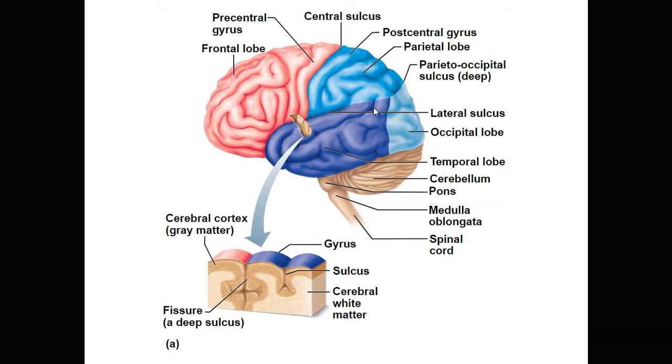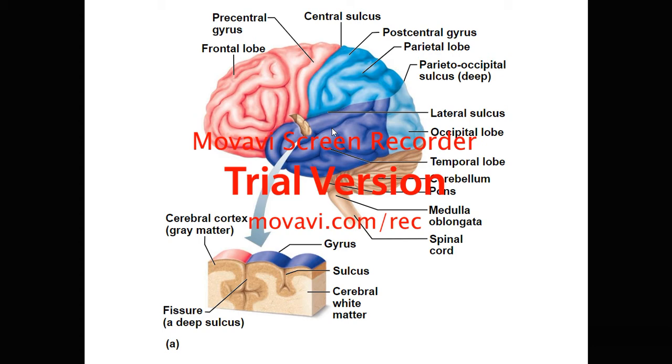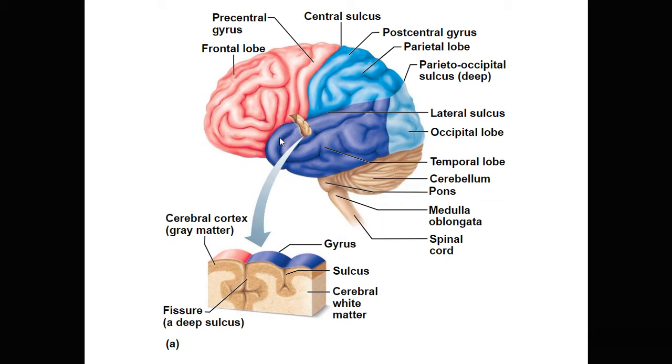And then you have a lateral sulcus. This lateral sulcus is going to separate the parietal lobe from the temporal lobe, also separating the frontal lobe from the temporal lobe.